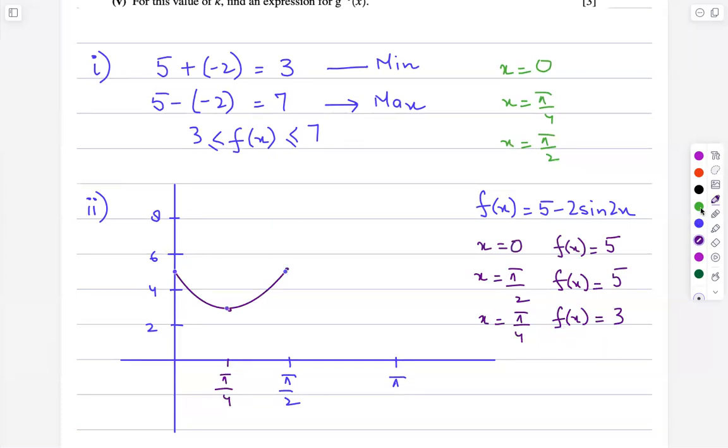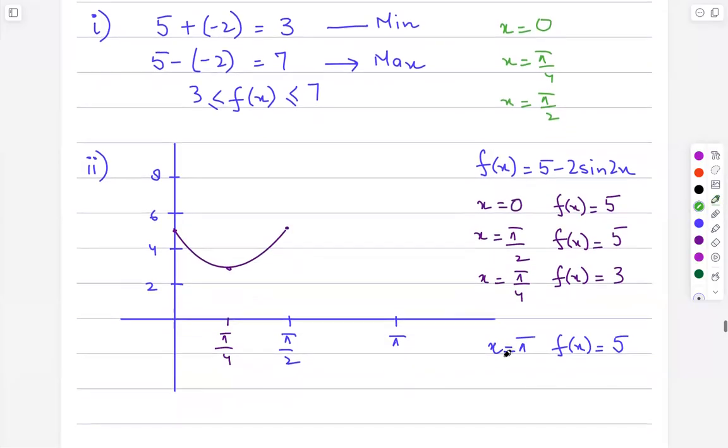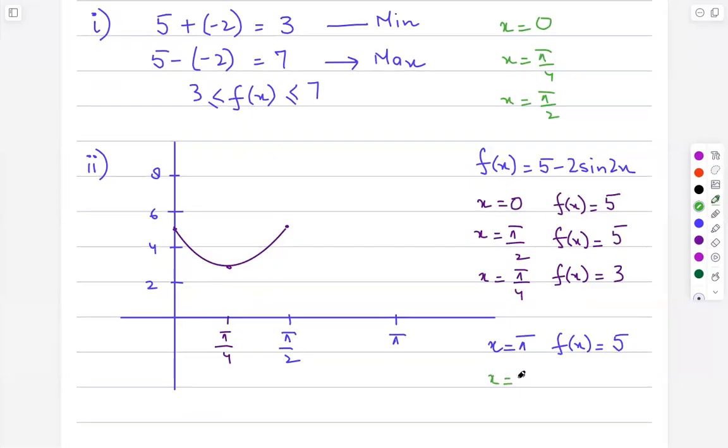And now taking x equals pi, f of x will be equal to 5 minus 2 sine of 2 pi, and sine of 2 pi is 0, so that will be equal to 5. Then taking a value between pi upon 2 and pi, that will be 3 pi upon 4. Taking 3 pi upon 4, f of x will be equal to 7.